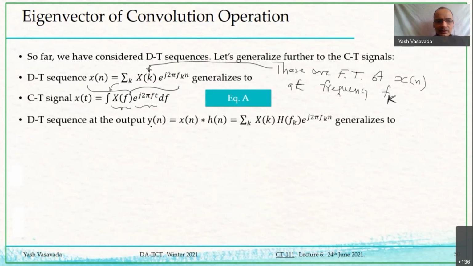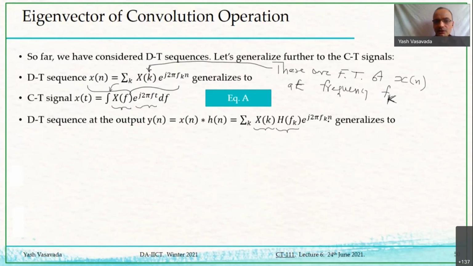We also saw that if I look at the output of the convolution, which is y of n, x of n convolved with h of n, when x of n can be written like this, it can be written as the original Fourier transform X of k, further scaled by H of f k, the Fourier transform of h of n evaluated at f of k.